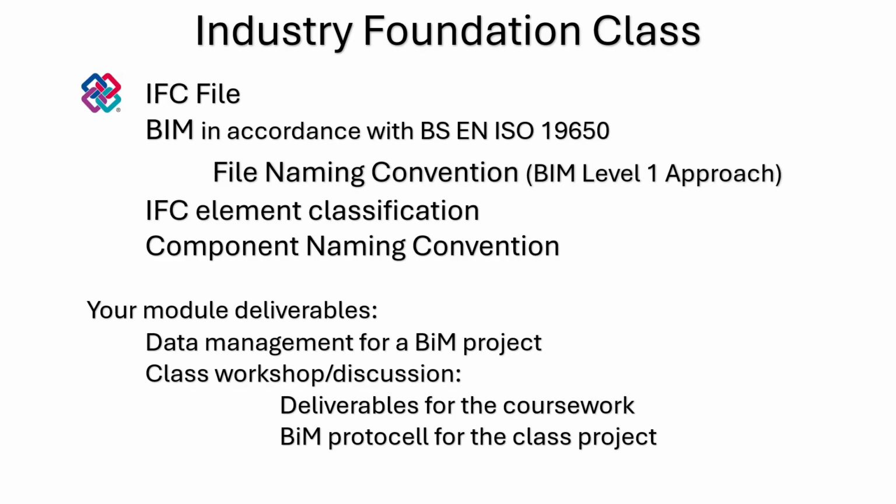All that the documentation says within BS EN ISO 19650, or BIM, I'll refer to it as BIM from now on, is that a protocol needs to be agreed at the very start of the project. What is the BIM protocol going to be? For a large firm like Jacobs, they'll have everything in-house: structural engineers, architectural technologists, architects, mechanical engineers, road and highways, all using the same protocol throughout.